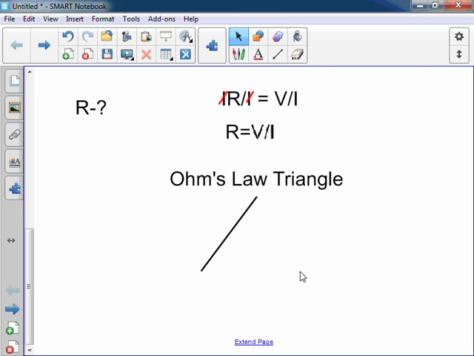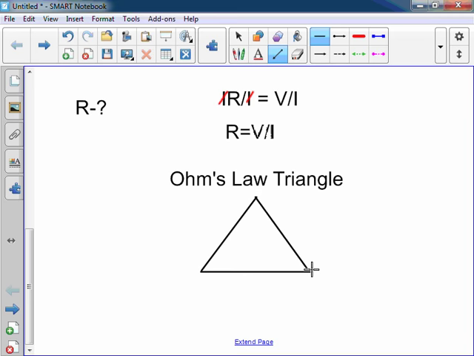Here's one. Here's two. And here's three. So here's a very lovely triangle. And now I'm going to put some stuff in there.